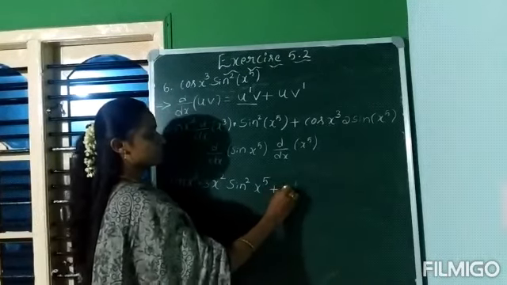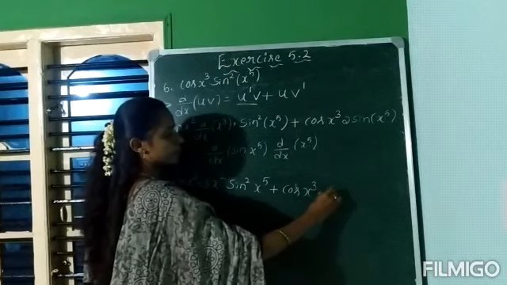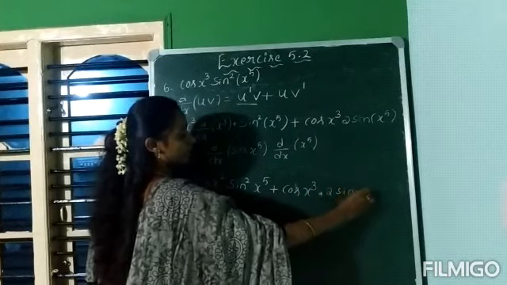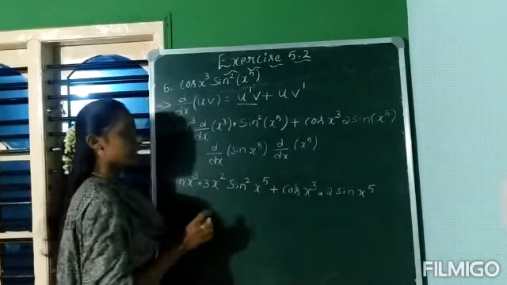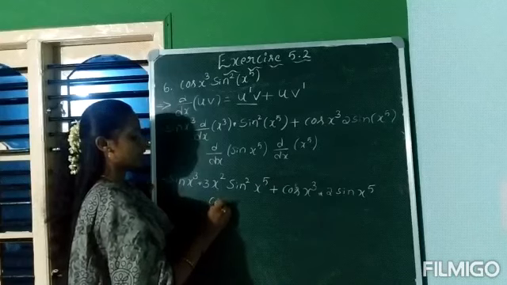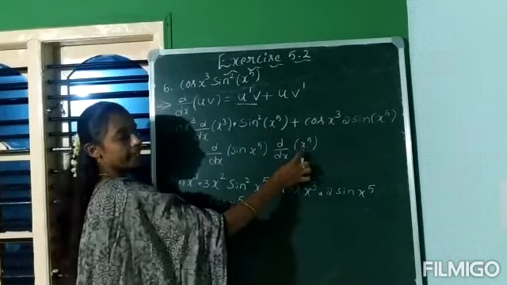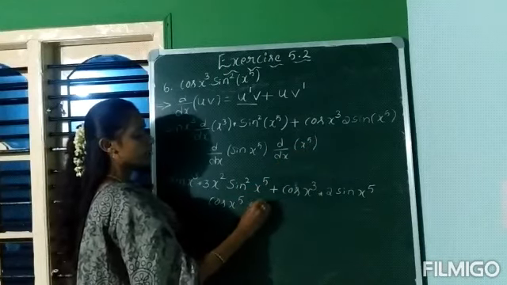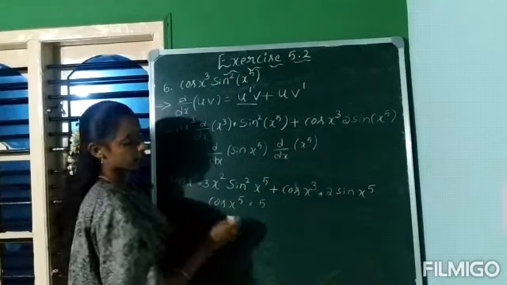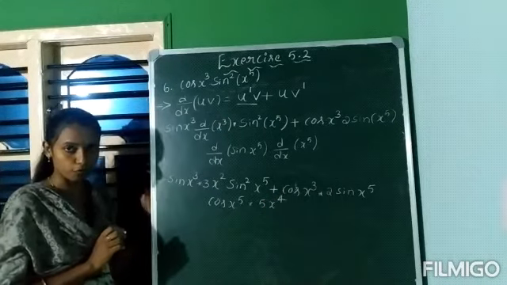Then plus cos x cube into 2 sine x power 5. The derivative of sine is only cos x power 5, into the derivative of x power 5: the power comes down like a product and the power decreases by one, hence it is x power 4.